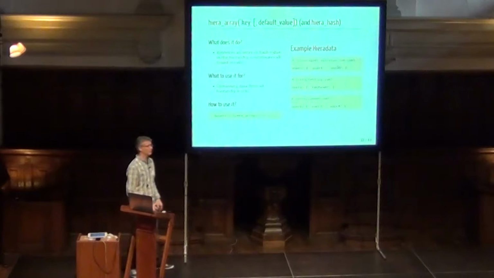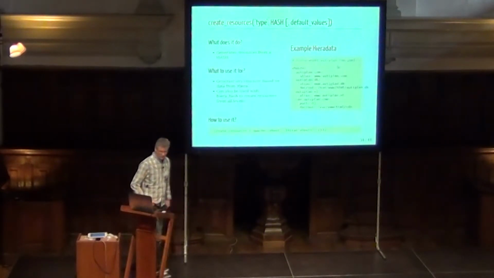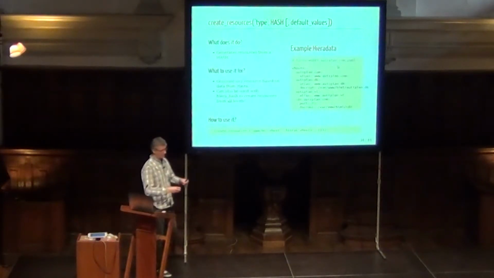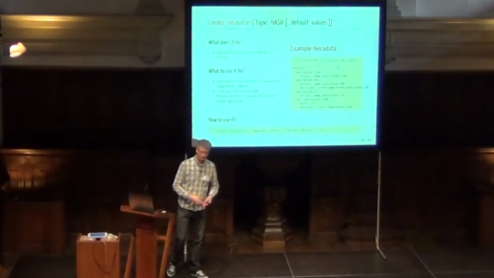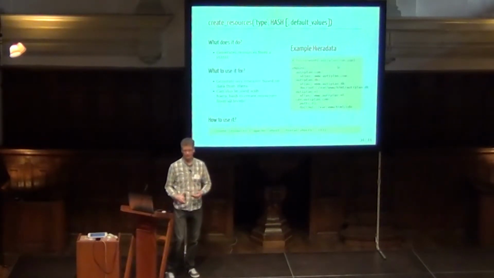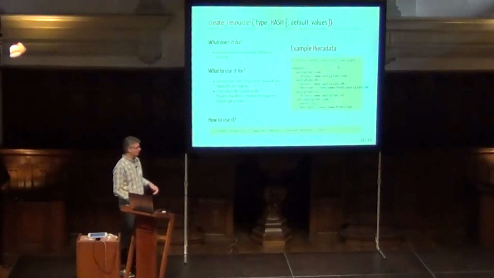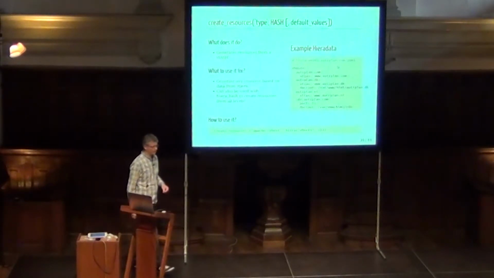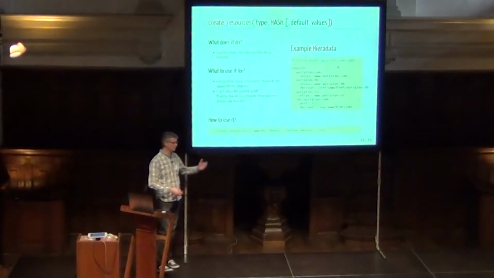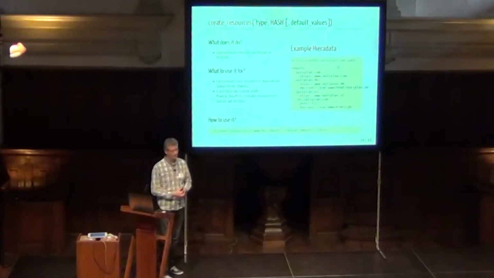hiera_hash does the same thing, only for hashes. So this is one function I really like. You can dynamically generate resources based on a hash, and of course you can load that hash straight from Hiera. So in this example I'm using a defined type, Apache vhost, but you can use this with any type, so you can use this for users or packages, firewall rules, you name it.